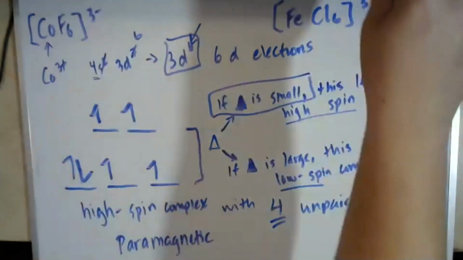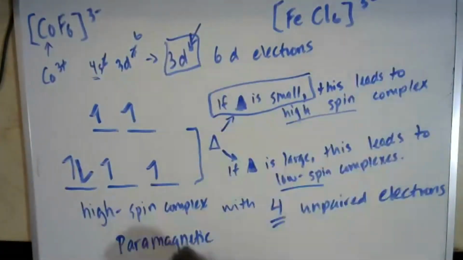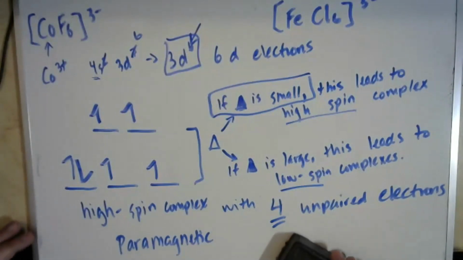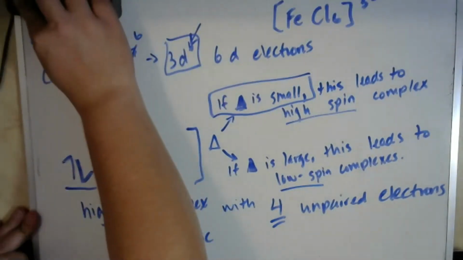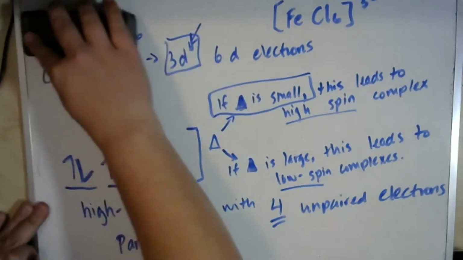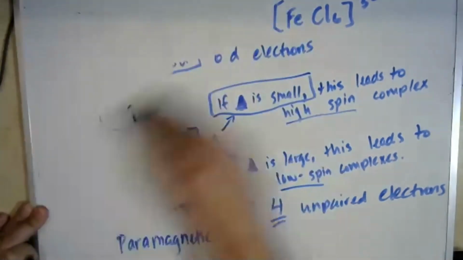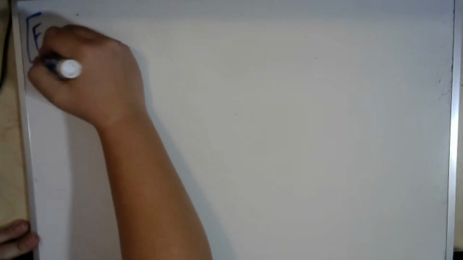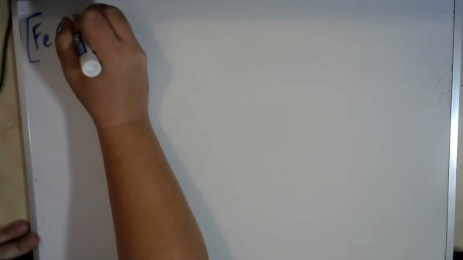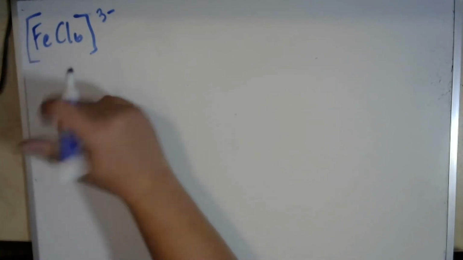All right. So let's look at FeCl6. Let's see, we'll just erase all of it and do it again. All right, so right off the bat, I'm going to want to figure out what my charge is over here.